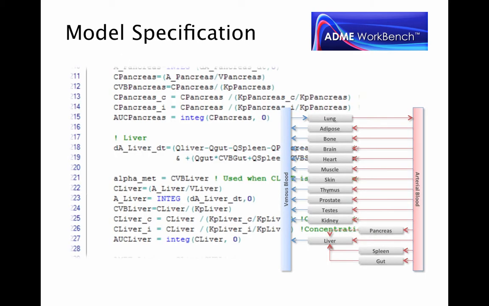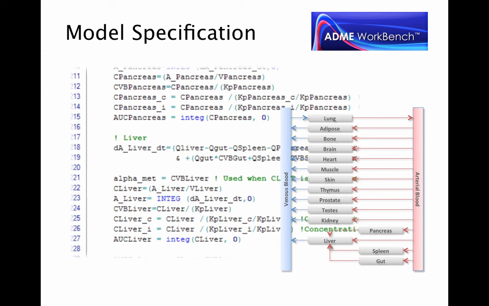The PK and PBPK models used by ADME WorkBench are specified in the form of CSL language source code files. CSL is a programming language created specifically for encoding continuous time models consisting of systems of ordinary differential equations. CSL is both a text-based and equation-based language, meaning the equations which comprise the PK or PBPK models are specified in human-readable form.